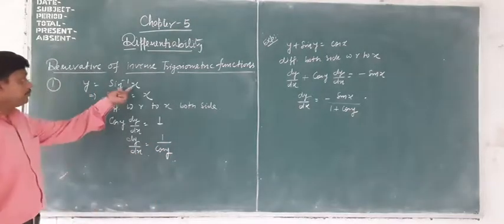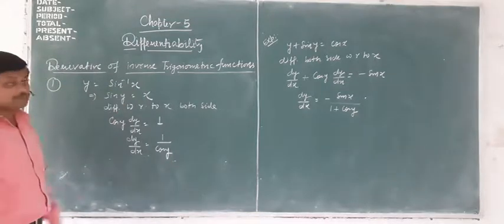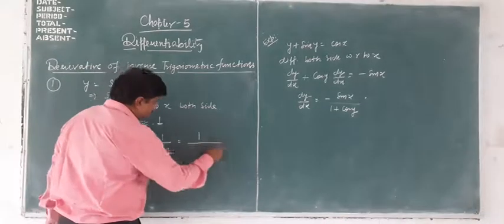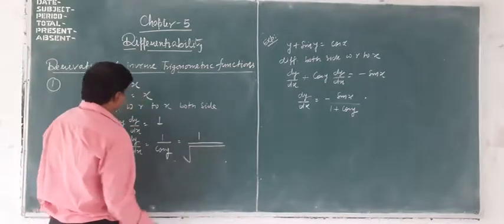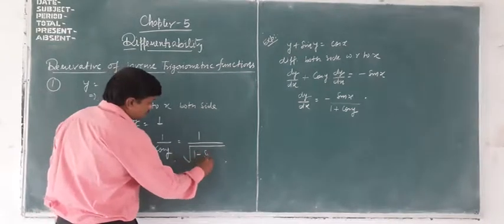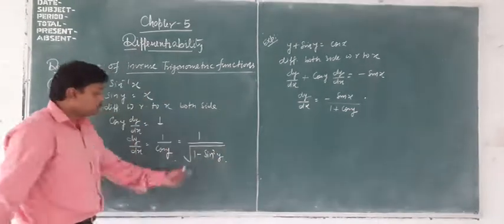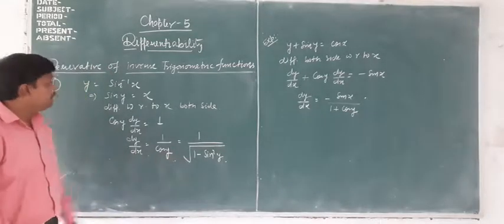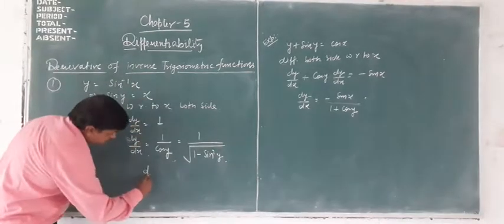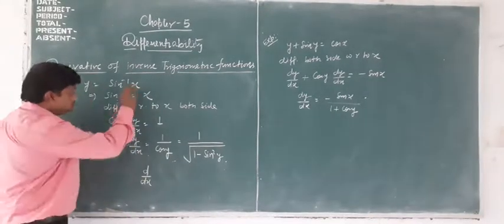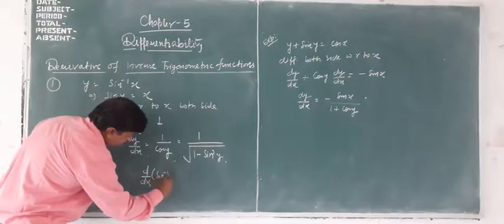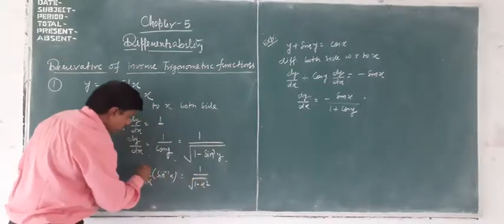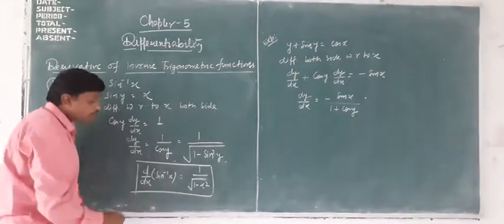But the function is given in terms of x, so we convert cos y into root of 1 minus sin square y, because 1 minus sin square y is cos square y, and root cos square y is cos y, and the value of sin y is x. So the derivative of sin inverse x equals 1 by under root 1 minus x square. This is the derivative of sin inverse.